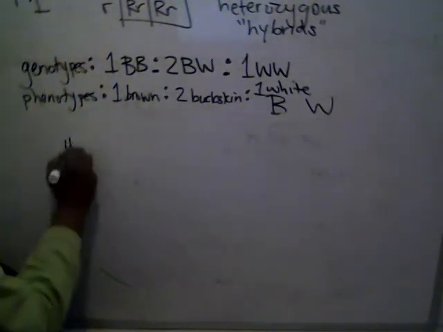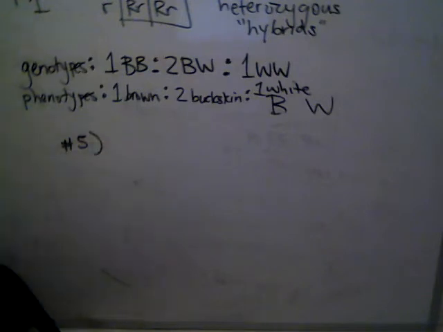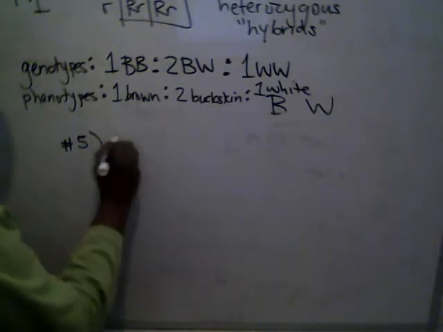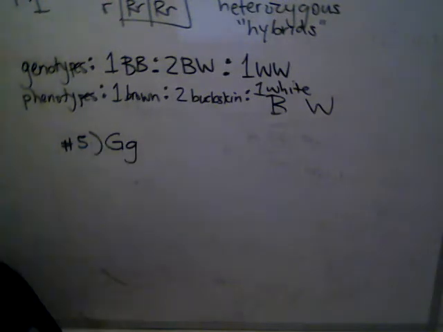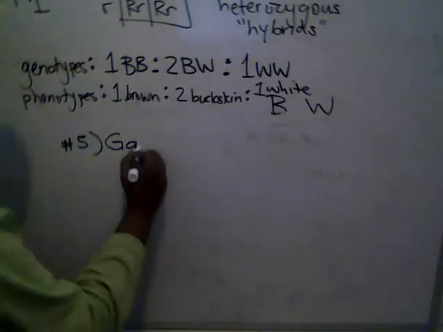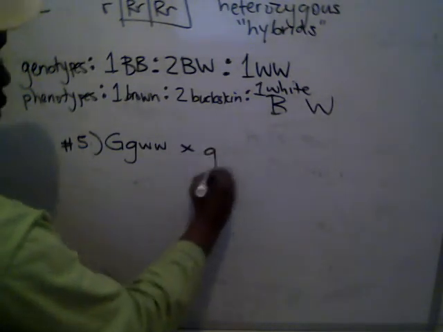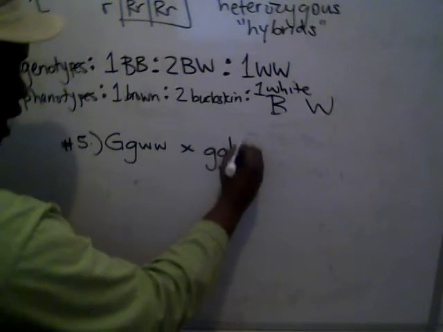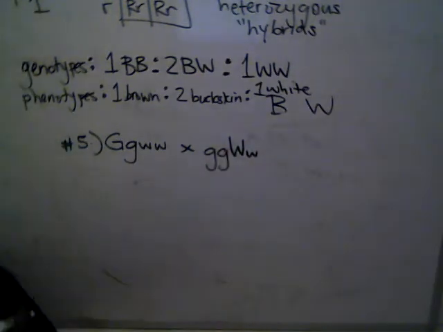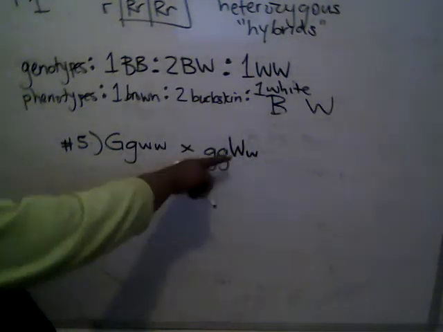So for number 5, we are taking one parent that is heterozygous gray, so big G, little g, and straight hair, so it has to be 2 little w's, so they tell us that straight hair is recessive. And we're crossing that with a parent that is white, so little g, but heterozygous for wavy, so big W, little w. Okay, so these would be the parent genotypes.